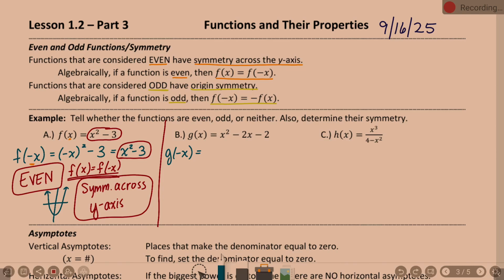Yeah, so we might as well get even checked out of the way first. So every place I see an x, I'm replacing with negative x. So instead of x to the second, negative x to the second. Instead of minus 2 times x, minus 2 times negative x, and minus 2.